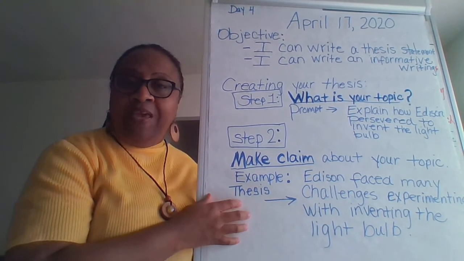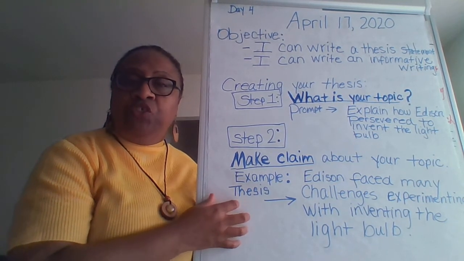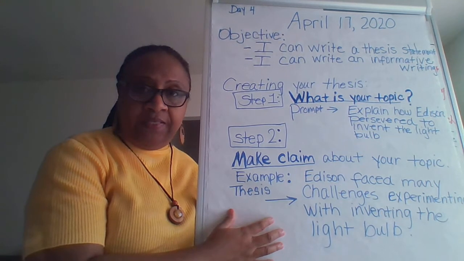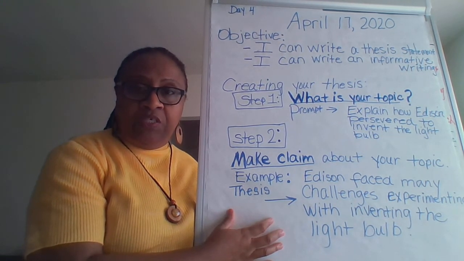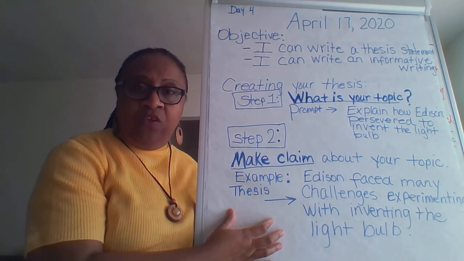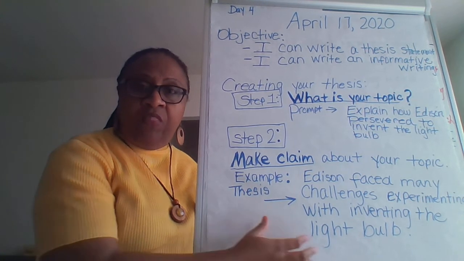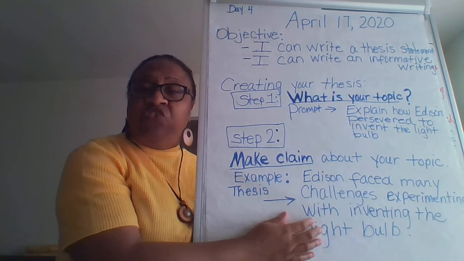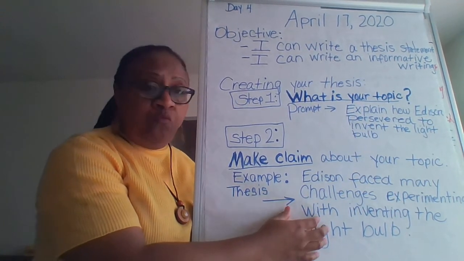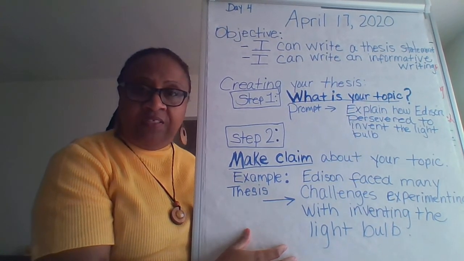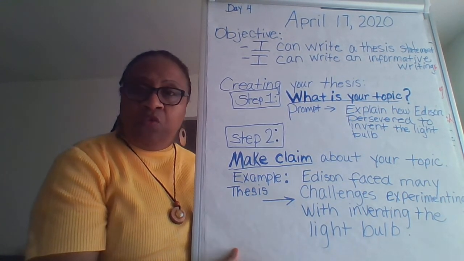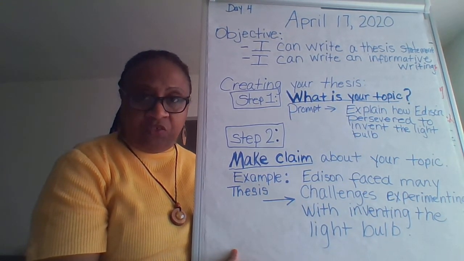So once you make this claim, you must use the following paragraphs to support it. Then you will need to go back to your writing and find evidence that supports this claim that his invention was challenging. So you may want to talk about the challenges that he faced. What type of challenges? Then you want to go into detail about those challenges.